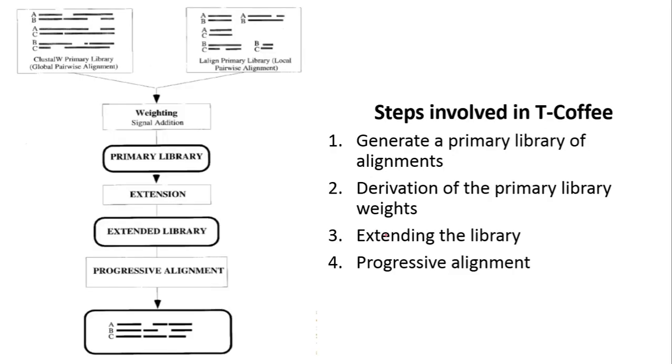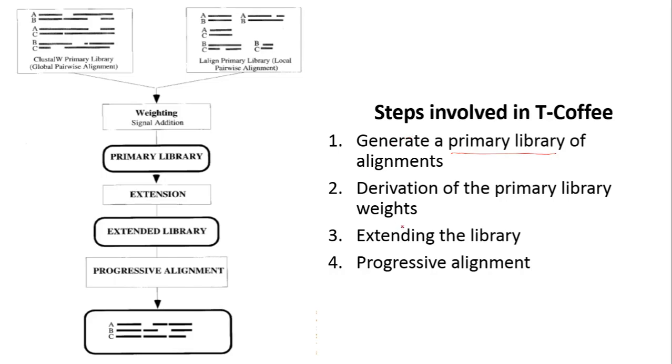Okay, so let us now talk about the steps that are involved in T-Coffee. These are 4 simple steps, and I'm going to go into detail of each and every step. The very first step is that you need to generate something called a primary library. Then you need to derive the weights for the generated primary library.